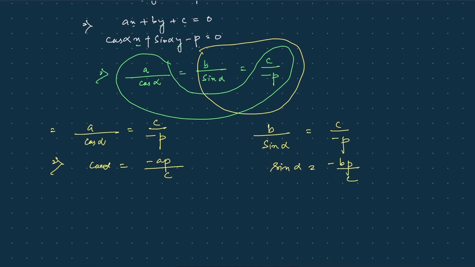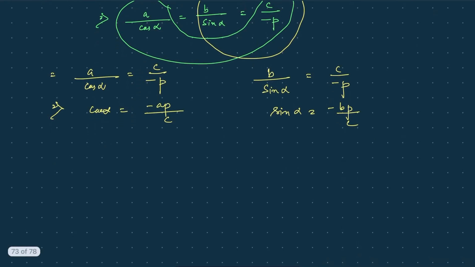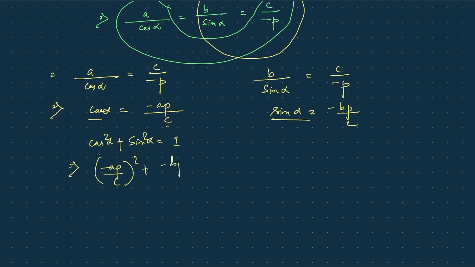Now we know that cos square alpha plus sine square alpha is equal to 1. Here we have cos alpha and here we have sine alpha. So minus ap by c whole square plus minus bp by c whole square is equal to 1. So a square p square plus b square p square is equal to c square.